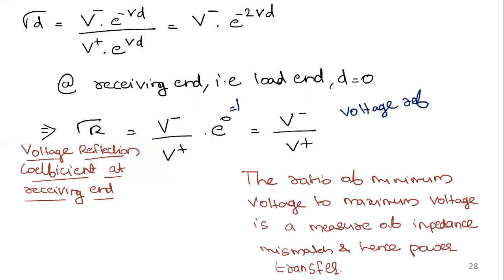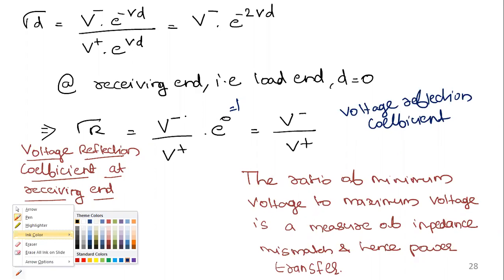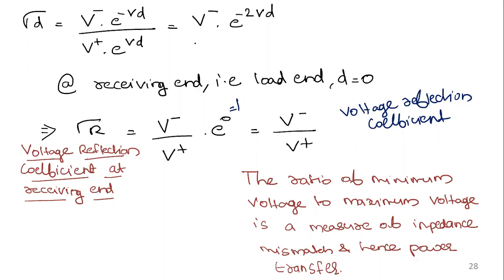This is what we call the voltage reflection coefficient. We have seen what a voltage reflection coefficient is, from the wave equation. One more thing, the V plus will come here, so V minus divided by V plus into e raised to minus 2 gamma d.